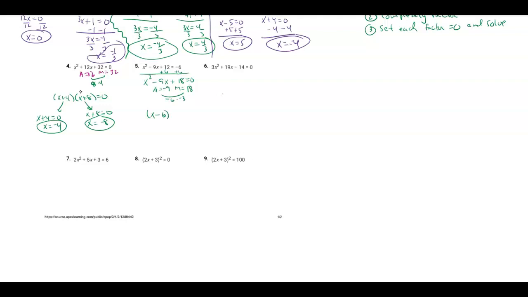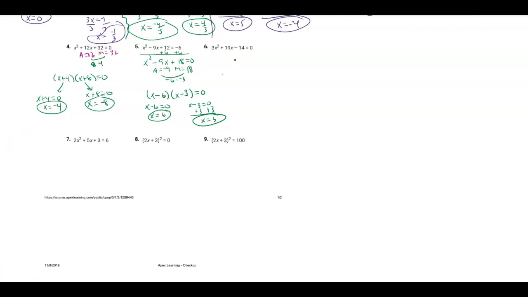So this factors out to be x minus 6 times x minus 3 equals 0. Pull each of these out, set them equal to 0, and x equals 6, add 3, x equals 3. And those are the two solutions to that quadratic.